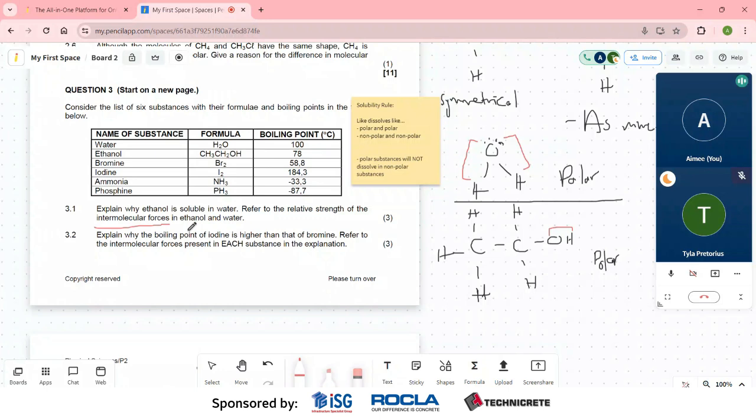Okay? So we're looking for iodine and bromine. Here's iodine, this is boiling point number 1, and this is bromine, boiling point number 2. You can see that bromine has the lower boiling point, which means it has weaker intermolecular forces, and iodine has a higher boiling point, which means it has stronger intermolecular forces.